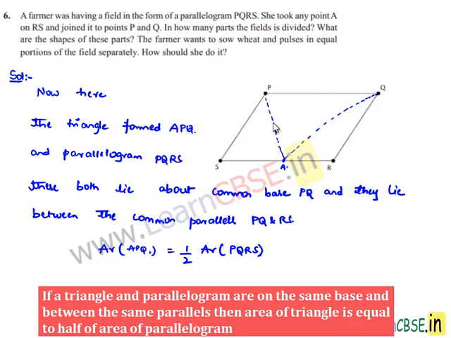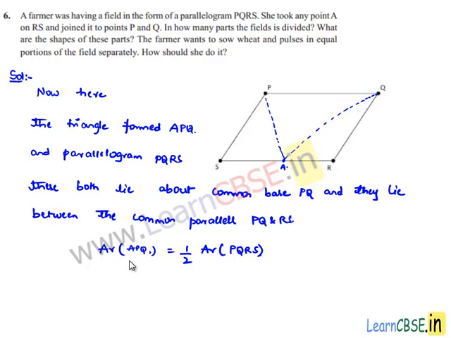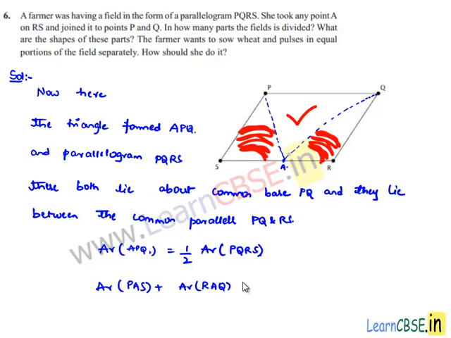Therefore, the area of the remaining part in the parallelogram, that is area of PAS plus area of RAQ, will be equal to half times the area of PQRS.